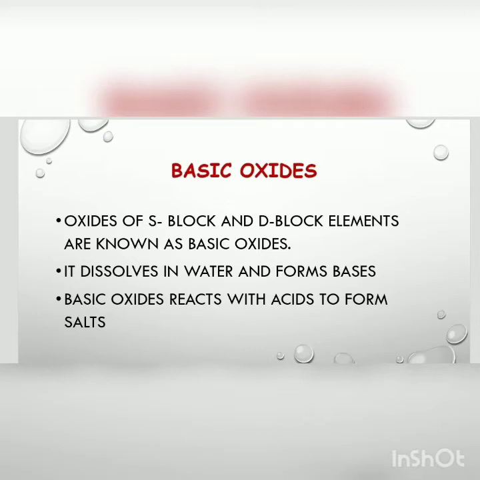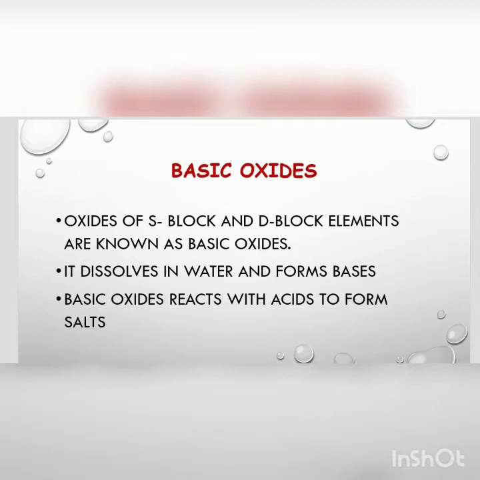And the next oxide is basic oxide, which is a simple oxide. Basic oxides are the oxides of S block and D block elements, or metals. What are the S block elements? S block elements are first A and second A group elements, also known as alkali metals and alkaline earth metals.